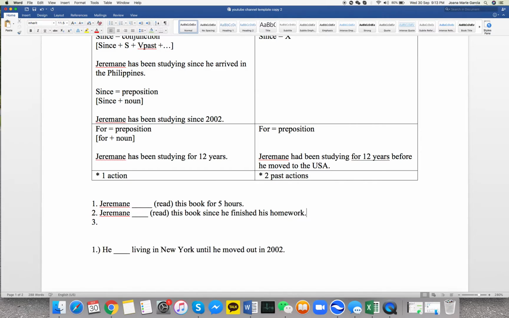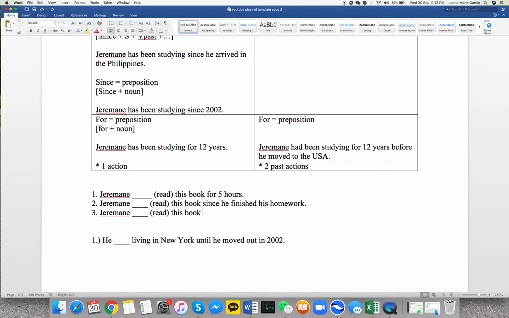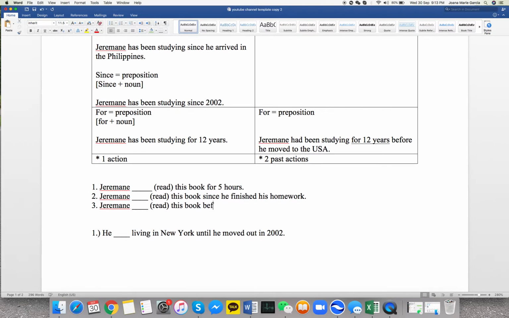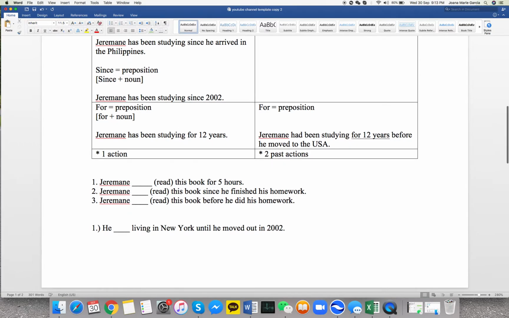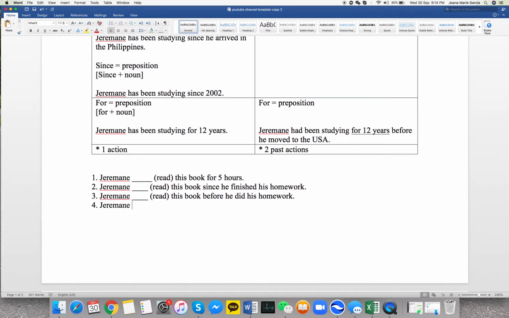And then here, Jermaine blank his book before he did his homework. So you have to be very careful. And then number four, Jermaine blank read this book for 5 hours, for example. That's really long. Before he did his homework.